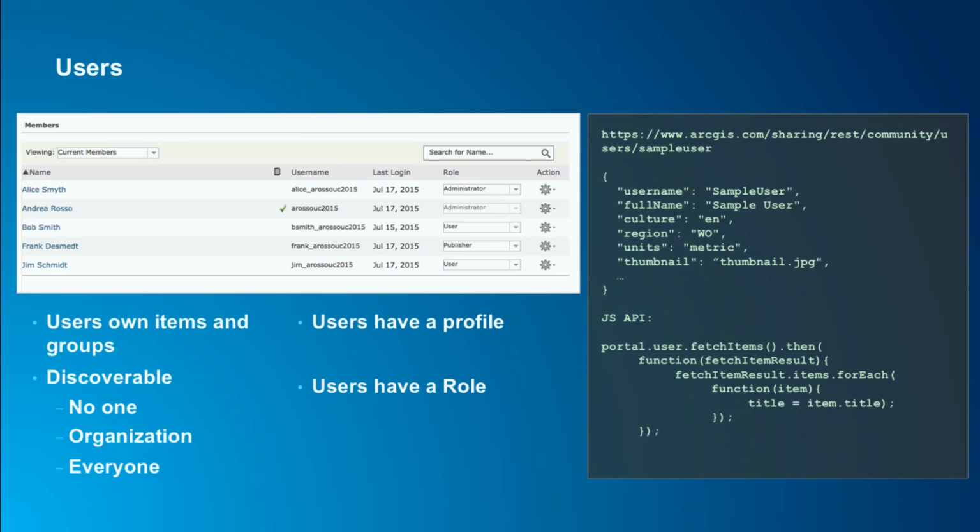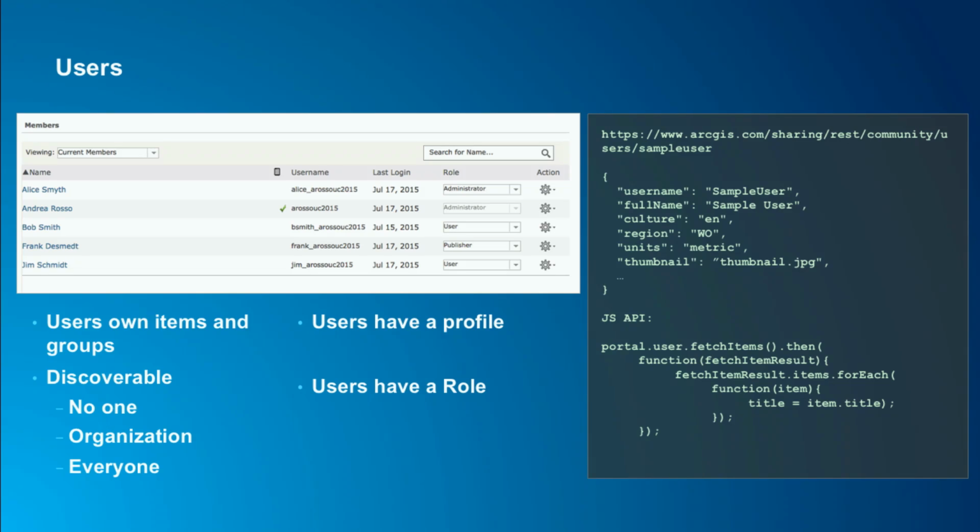Then there are users. Users are your named users. They represent whoever you want them to represent. It's the users that do the work inside of your portal. Users are the ones that own items and groups. We'll talk about groups a little bit later. They also have an access property in the API. They're discoverable too.